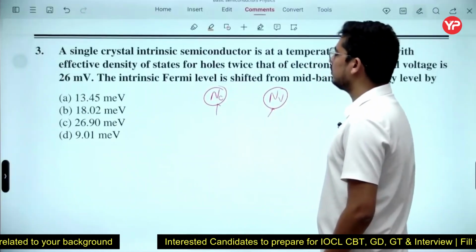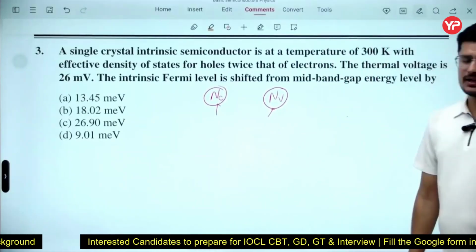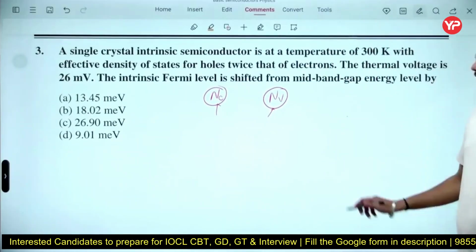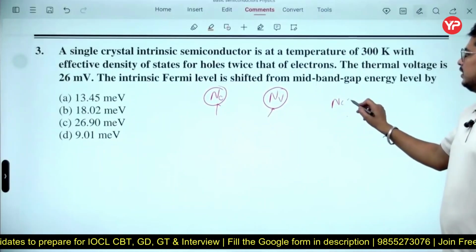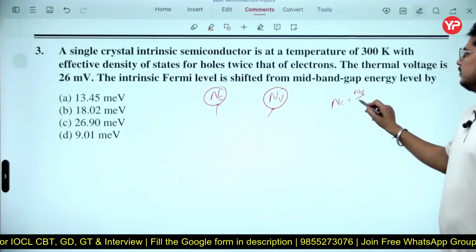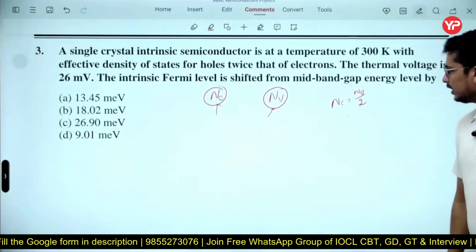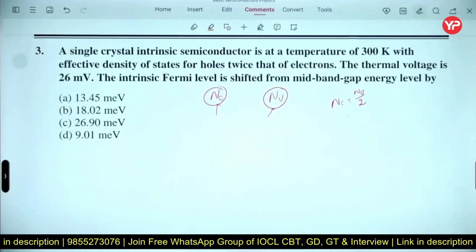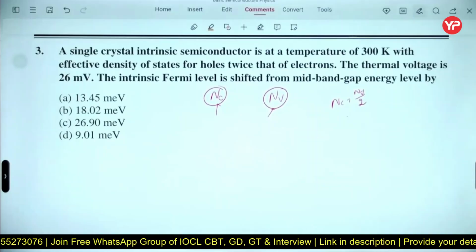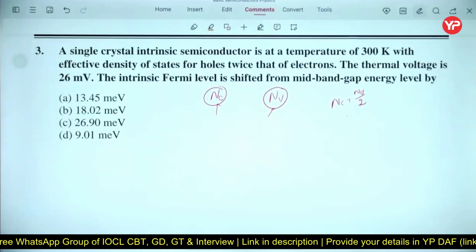Remember that NC and NV. He gives you that NC is equal to NV divided by 2, right? The hole density is twice that of electrons. So it means NC will be NV divided by 2.